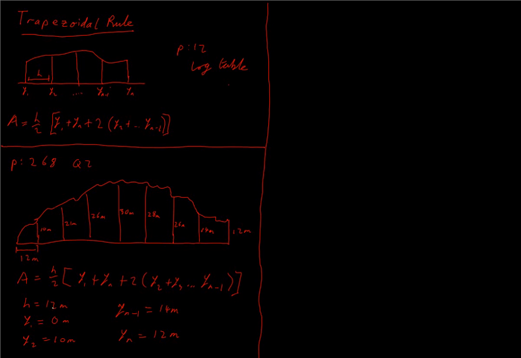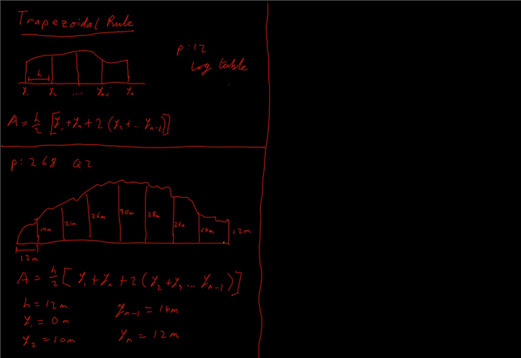So h from our formula is going to be 12. Our first height at the very beginning is going to be 0, because the curve is on the line. y2 is our second height, and it's going to be 10 meters. y3 would be 21. I haven't bothered to write down y3, but you get the idea.